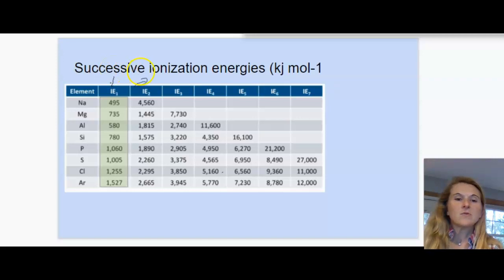And this is to remove the second electron and the third, and so on. If we look at sodium, it is much easier to remove the first electron than the second electron. That's because sodium is going to have a positive charge there. Also, and we'll talk more about this in another unit, it has a full energy ring after that, right?